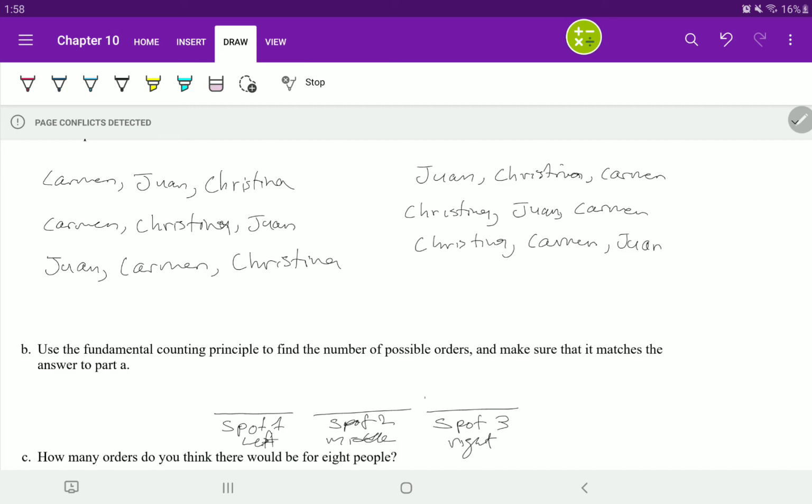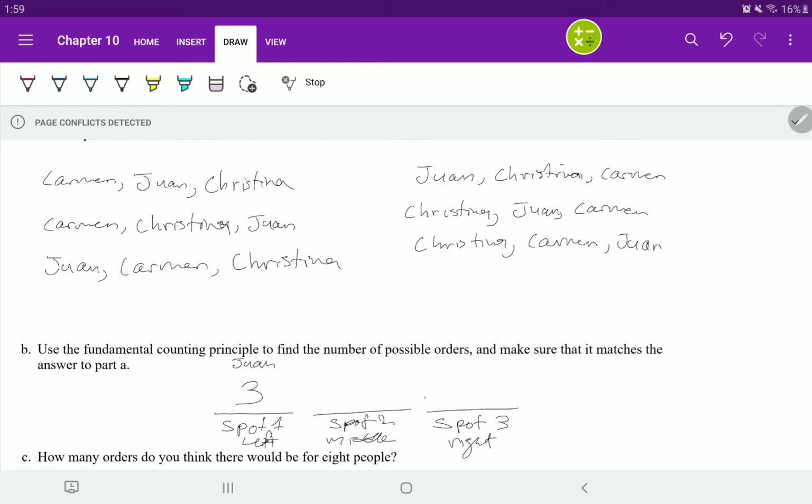Now, we have Juan, Christina, and Carmen, right? So we have 3 people. It doesn't matter which one of those persons goes there, as long as we fill that spot. So for spot 1, we have 3 options. We can put Christina, Juan, or Carmen. Let's suppose I put Juan in my first spot.